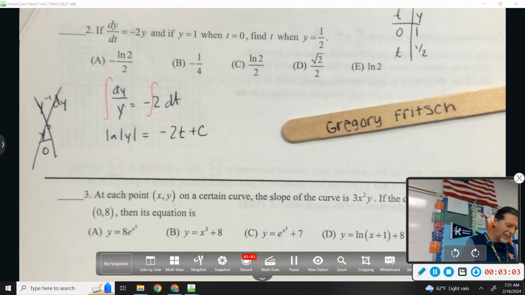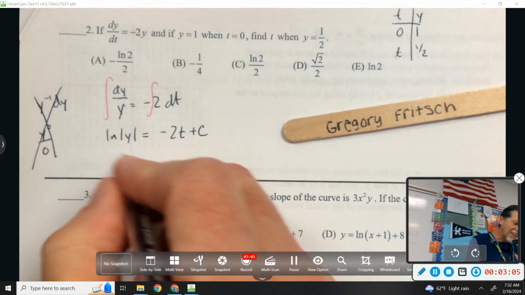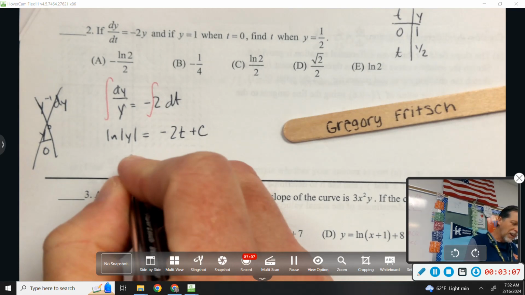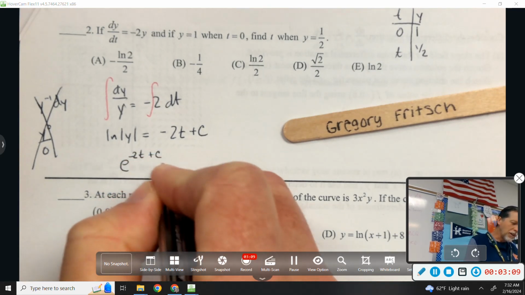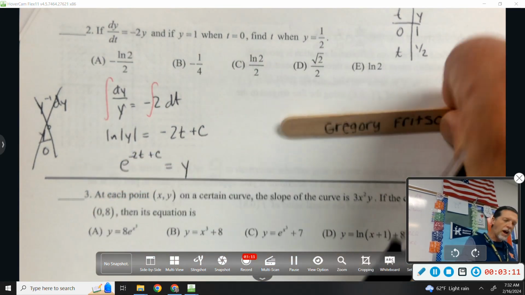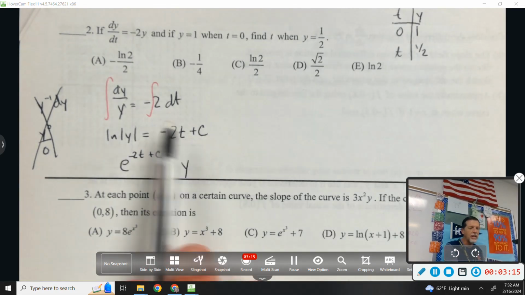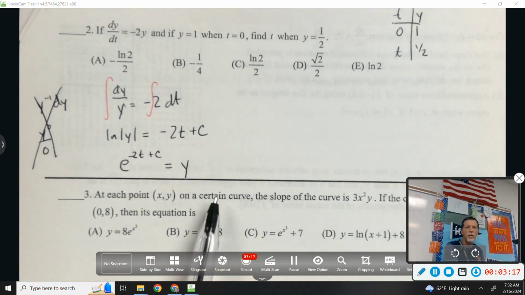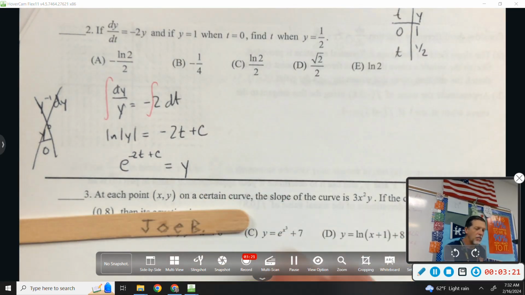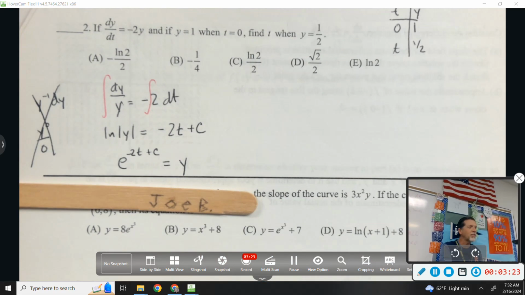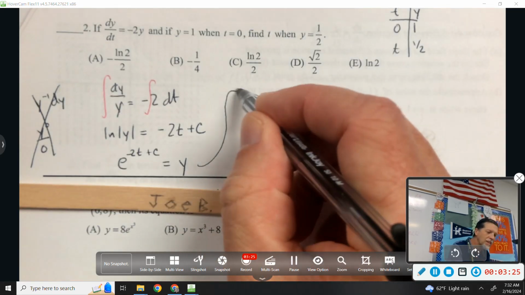The e thing, that's a perfectly good way to say it. E to the negative 2t plus c equals y. I've dropped the absolute value bars because e to anything is going to be positive, so we're not really worried about that. There's another algebra magic step that happens next.